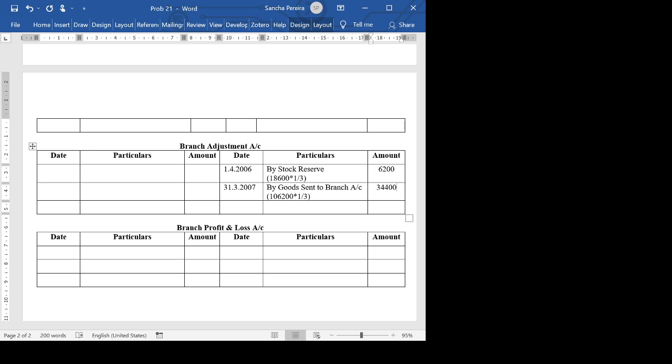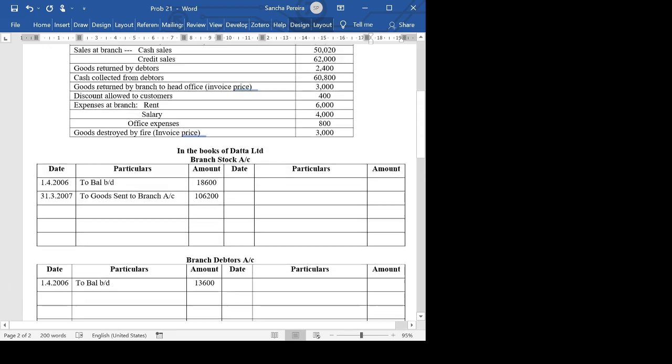Sorry, 3 3s are 9, 3 5s are 15, so 35,400. Yes, 35,400.